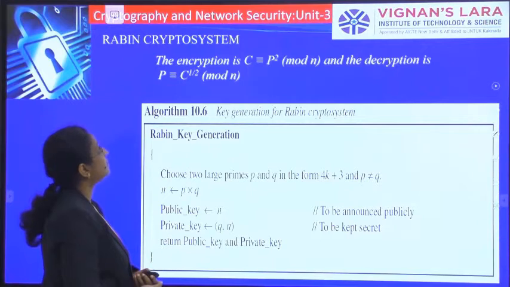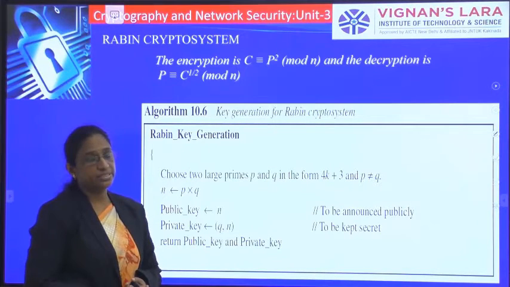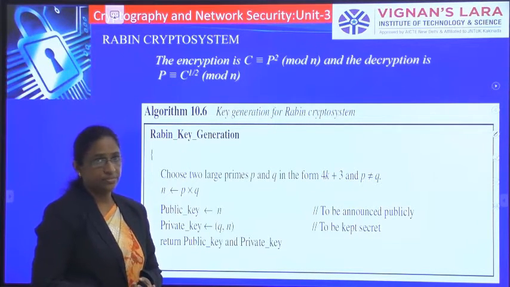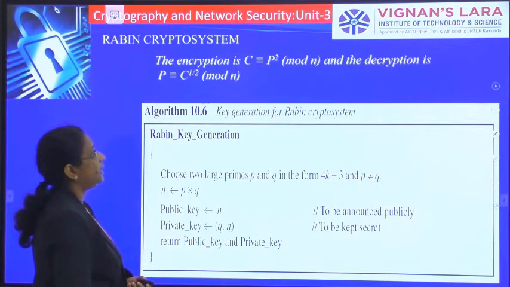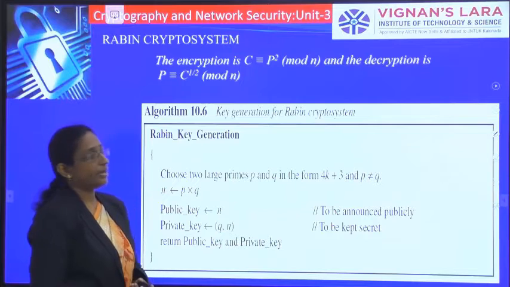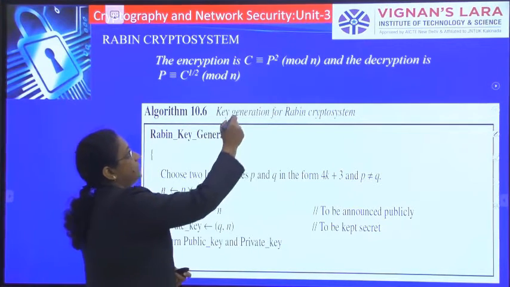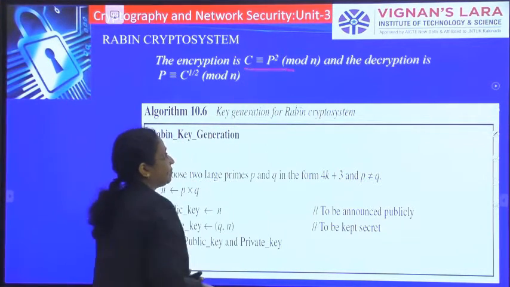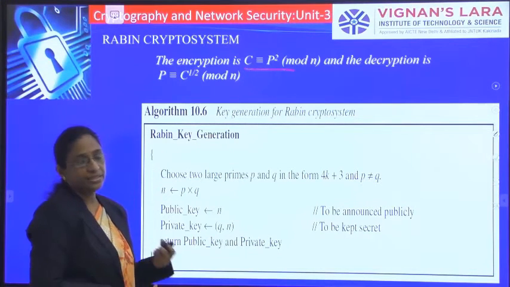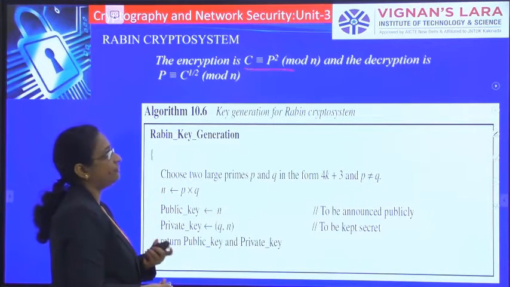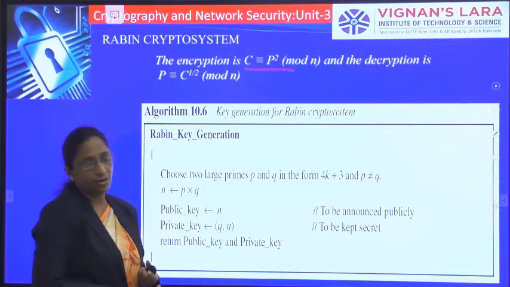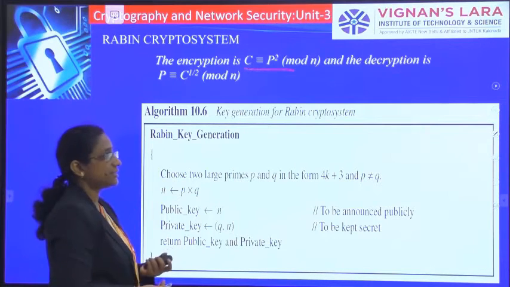Similarly, we have another crypto system called the Rabin crypto system. It performs encryption by doing C congruent to P squared mod n: by squaring the plain text and doing the mod n operation, we get the ciphertext.